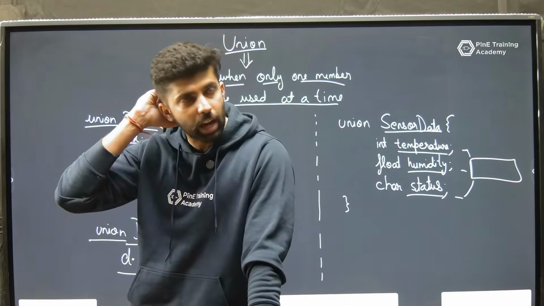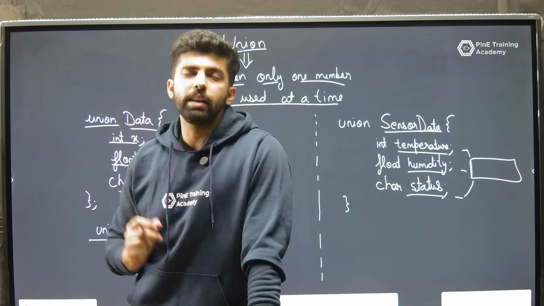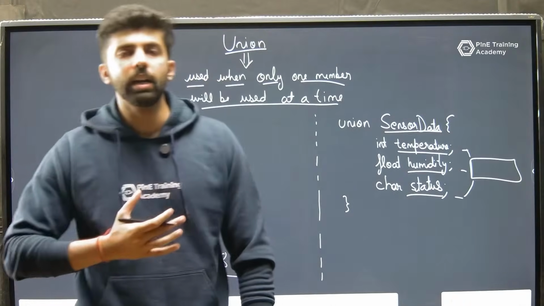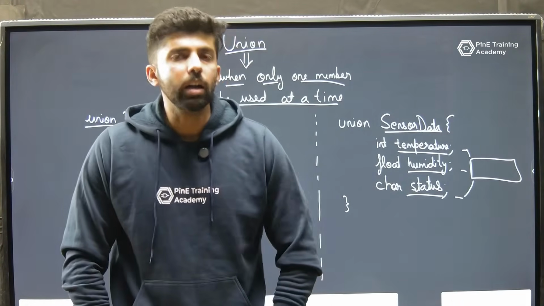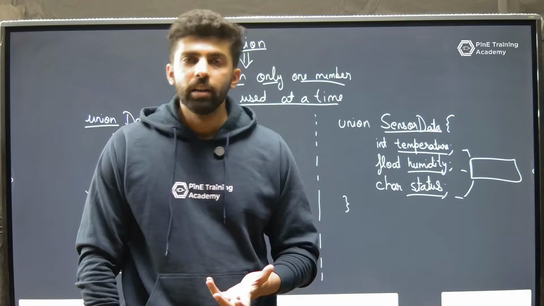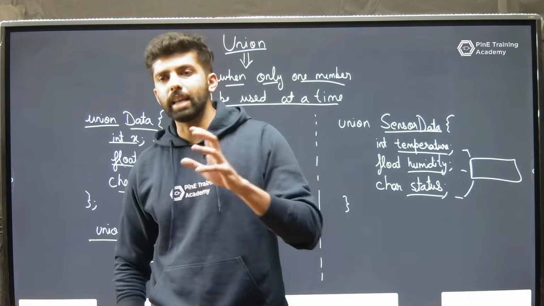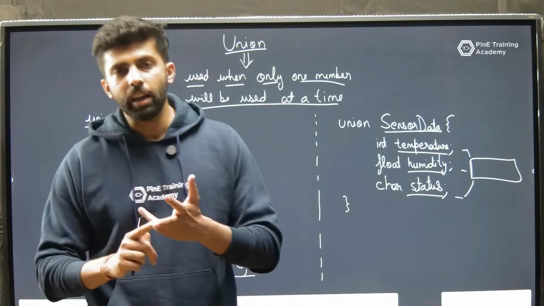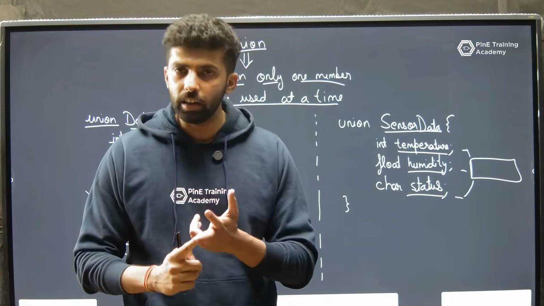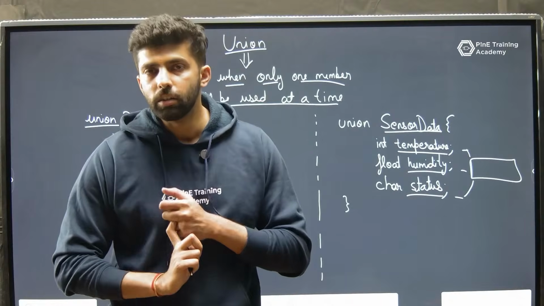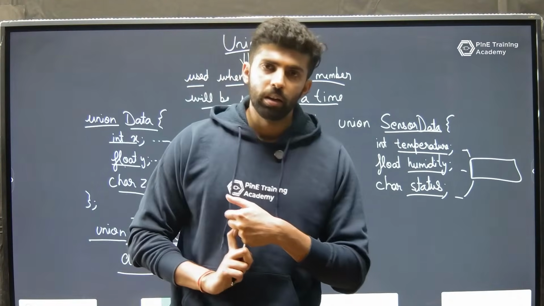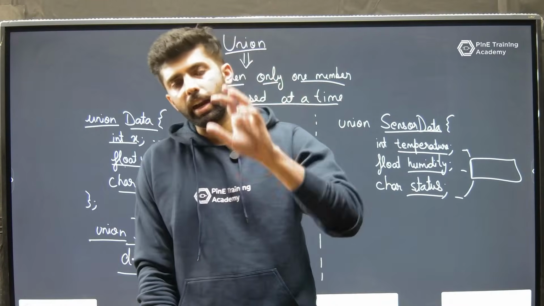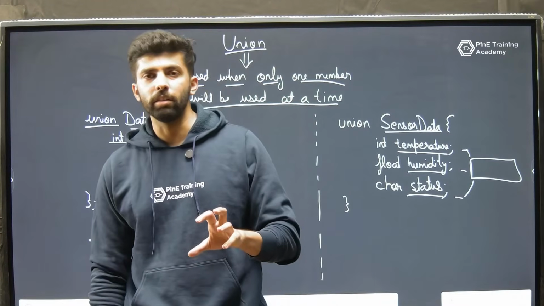Another example which I can think of is that suppose a company is maintaining data for salary, and the salary can be of three types. It is either for a trainee, an intern, or a full-time employee.